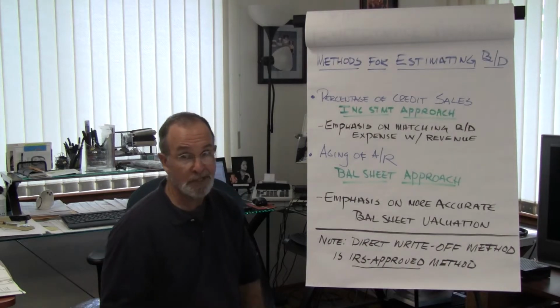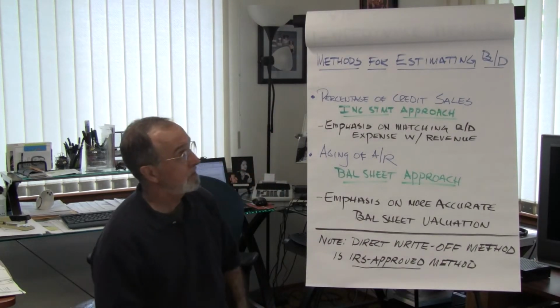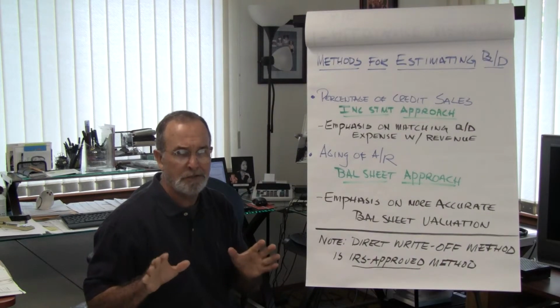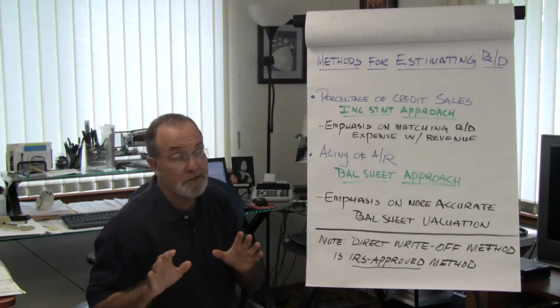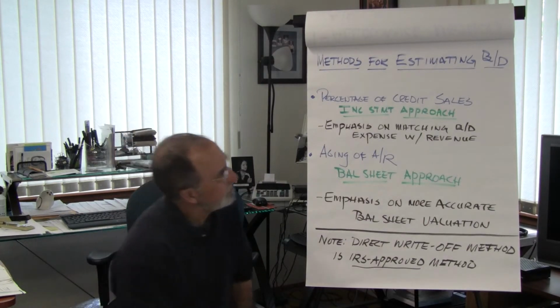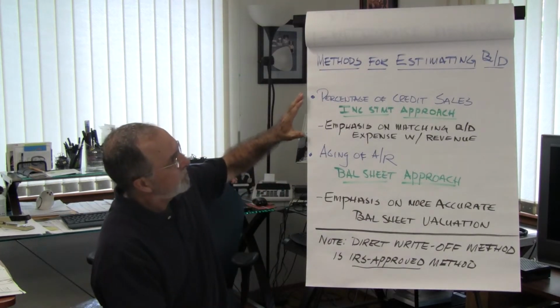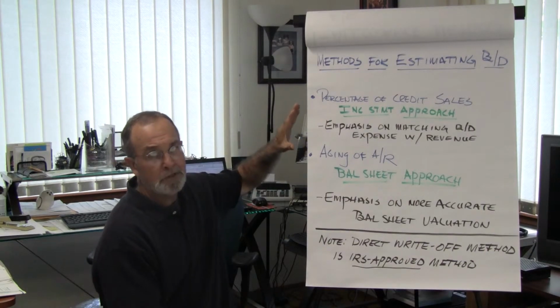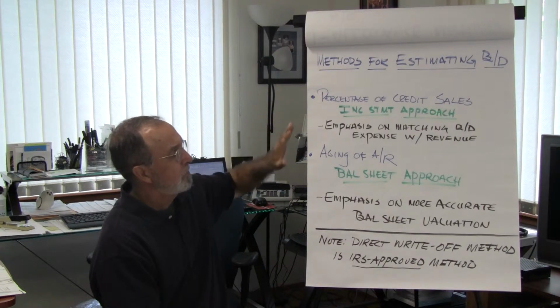It gets a little complicated, as you can see. Not quite as complicated as the previous chapter on inventory and cost of sales, but this is still a little complicated. Anyway, we have two methods that we can use for estimating bad debts, and generally we're going to use either one or the other.